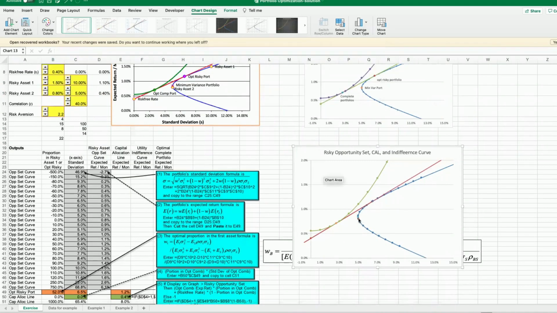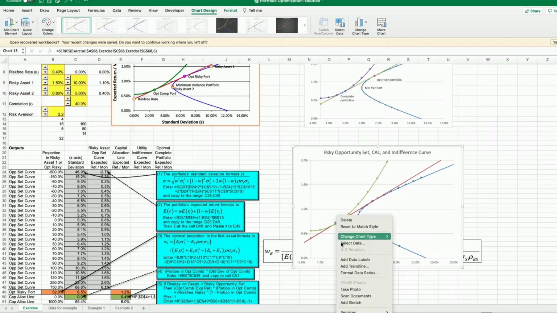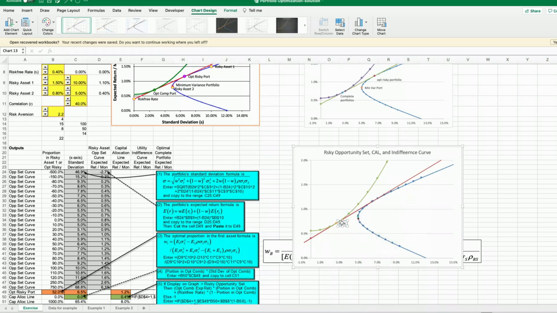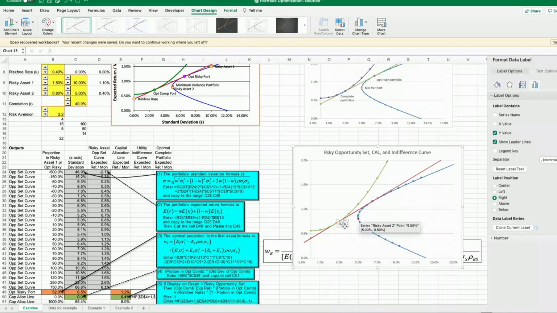So the first one, this is risky asset 2. And this one is the complete portfolio. We want to add data labels such that it will be easier to view on the graph. So I add data label, but I don't like it here because it shows the value only. I want to show the name.